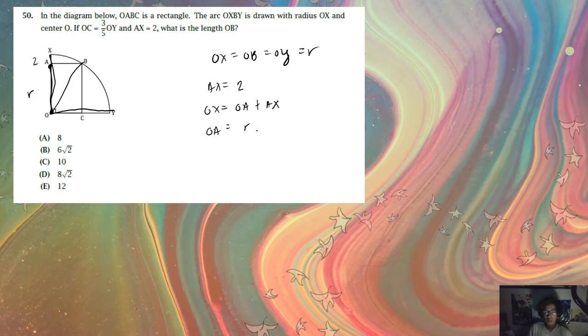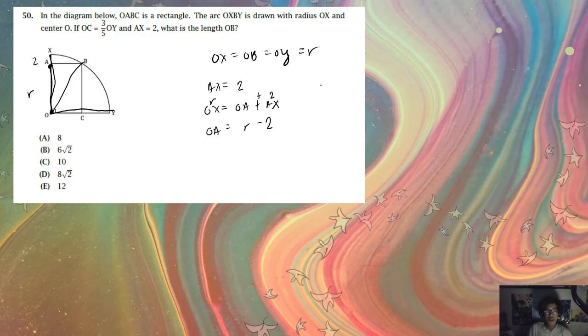Because OX is the radius, and OA is a part of the radius. This is the one we're trying to solve, and AX is 2. So if this is positive 2 and you transfer it to the other side using transposition, OA is equal to R minus 2.